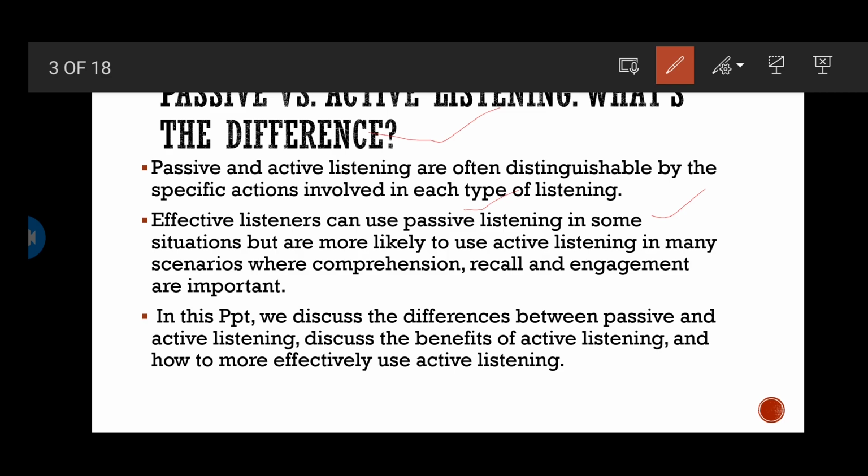In this PPT, we discuss the difference between passive and active listening, the benefits of active listening, and how more efficiently we can use it. Passive listening means we listen without concentrating on anything. I am going to briefly explain how to overcome passive listening and be an active listener.